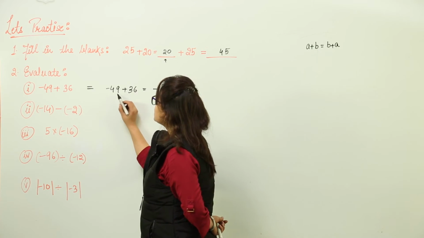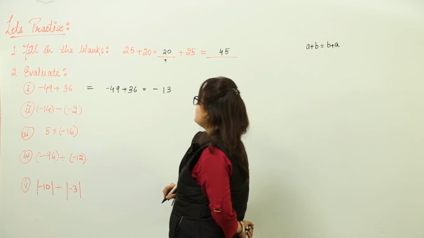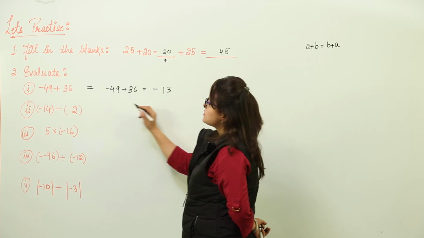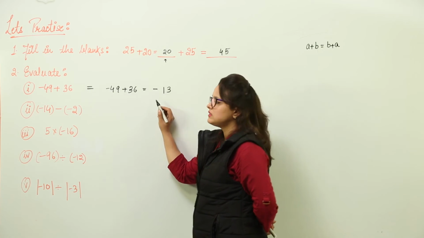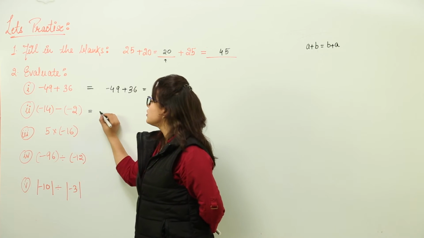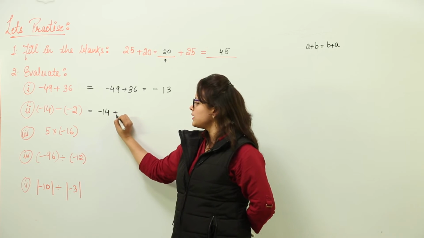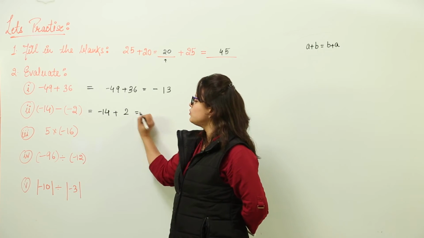So what will be 36 minus 49? It would be 13, right? So the answer for this would be minus 13. The next is minus 14 minus of minus 2. So we'll write minus 14, minus and minus becomes plus 2. So what do we get?